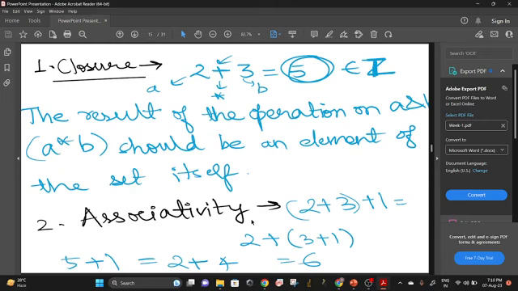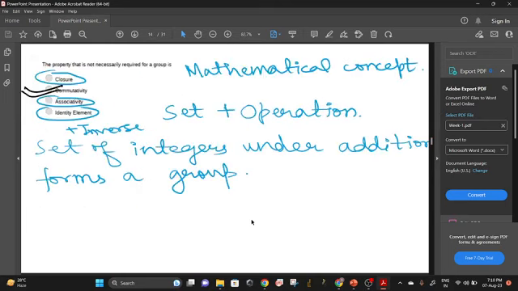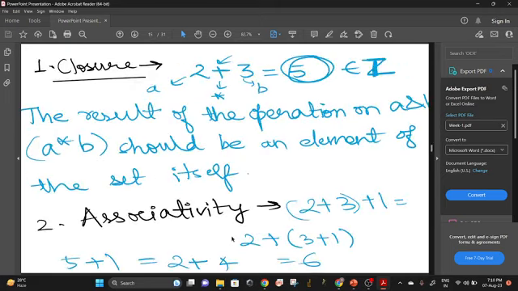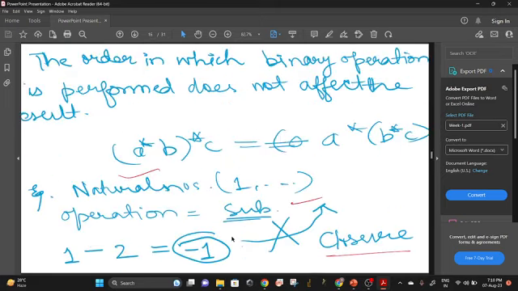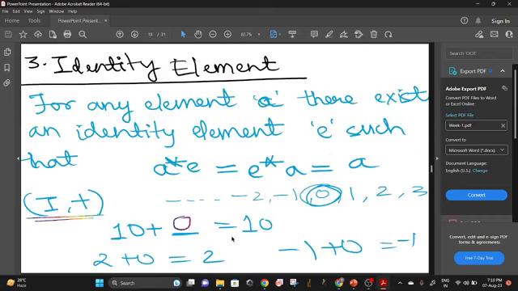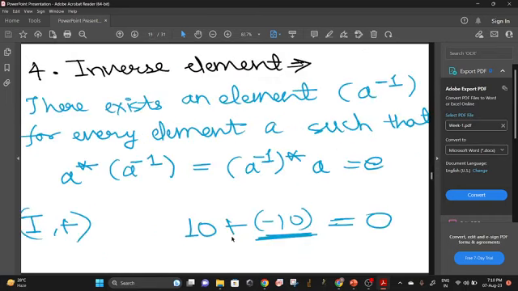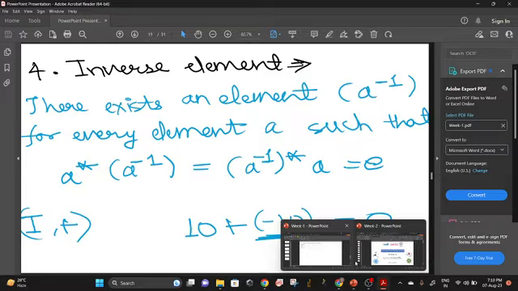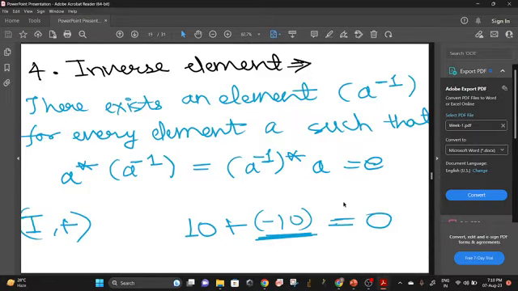It was closure first, associativity second, and then there should be existence of an identity element and an inverse element. So if these four properties are there, then that set of numbers or set of anything is said to form a group.